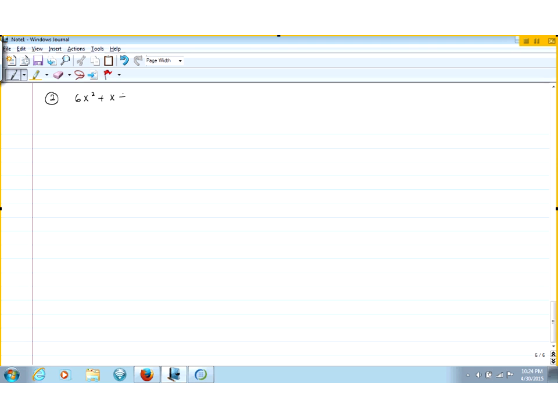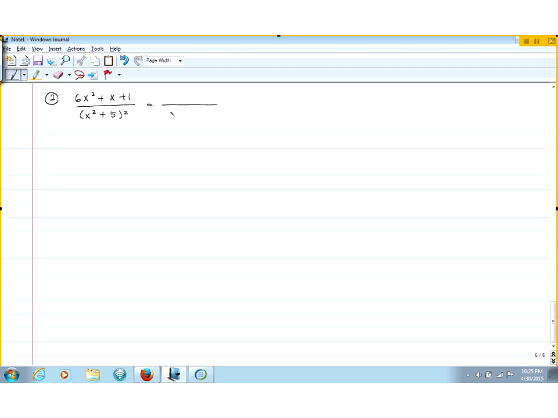Number 2. What about if we have 6x squared plus x plus 1 divided by x squared plus 5 squared? Alright, now let's see, the degree of the numerator is 2, the degree of the denominator is 4, since it is x squared squared.